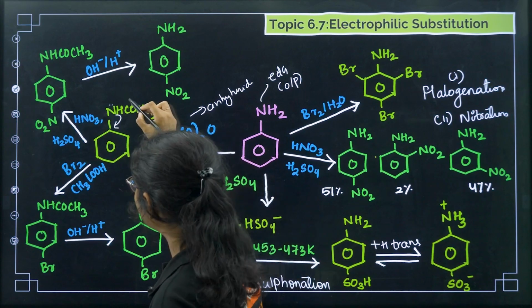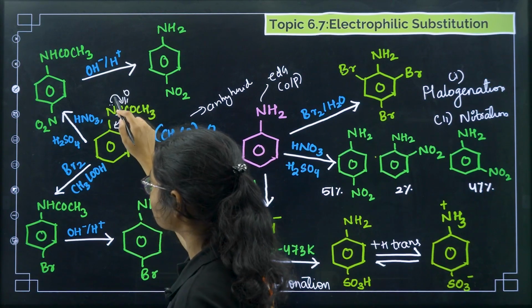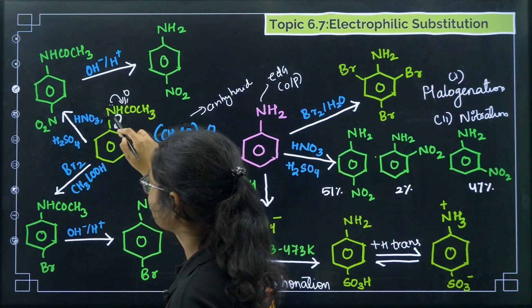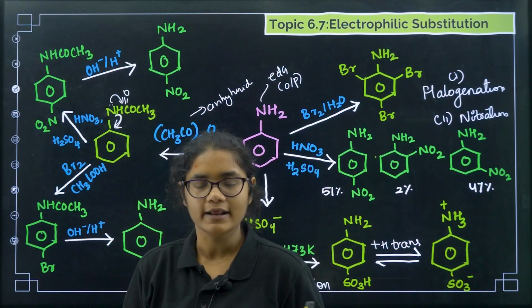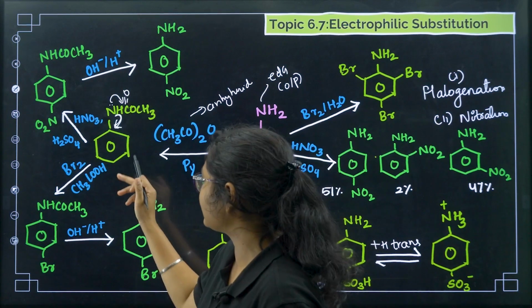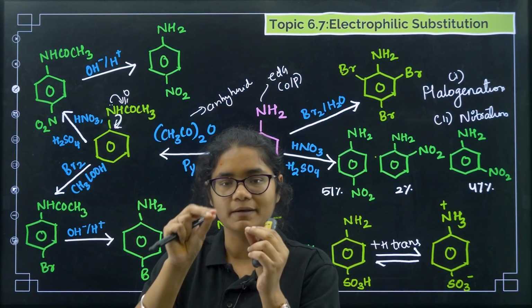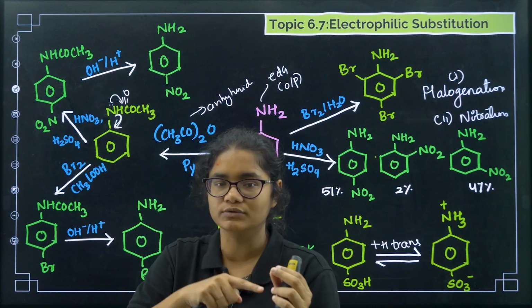But now, this also has a C=O like this. So this nitrogen electron pair can also go into resonance here and can also go here. So it is now divided, right? That is why the activating nature of this amine group on the benzene ring has reduced, because the lone pair of electrons is now involved in resonance on two sides.